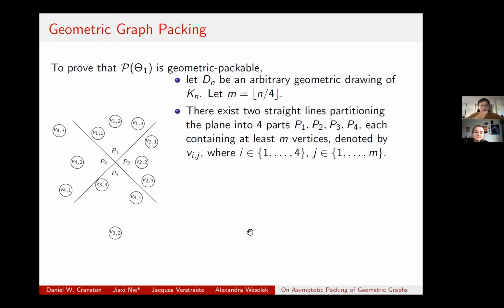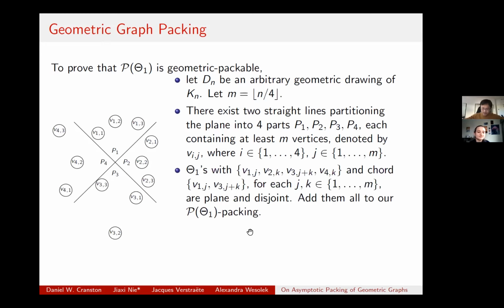Anyway, we can do this, and then we pick all the theta 1s of the following form, with the chord between the part P1 and P3. You don't need to bother reading those indices. Let's look at the left-hand side.